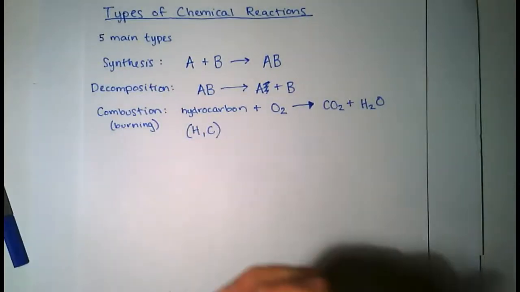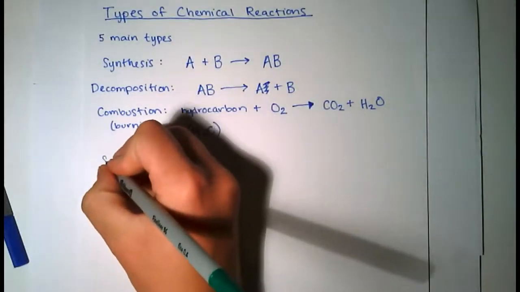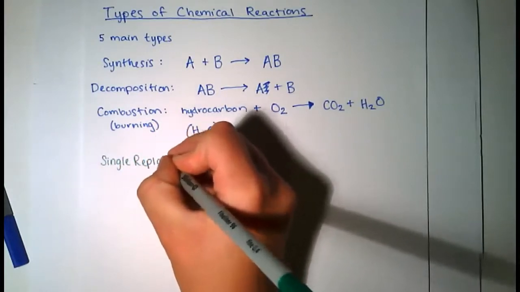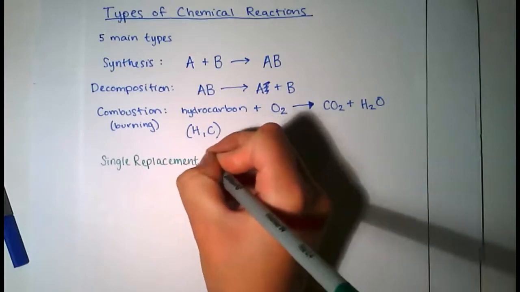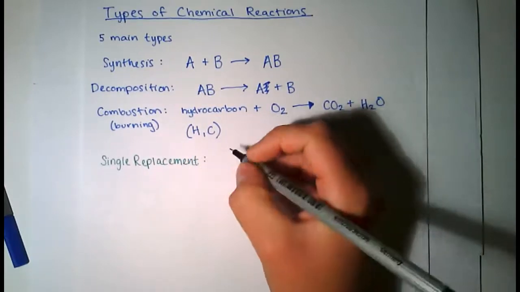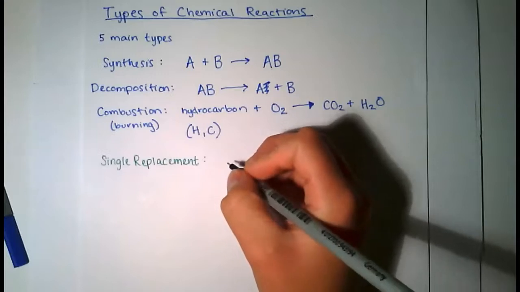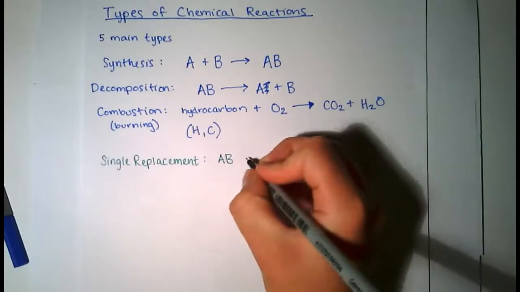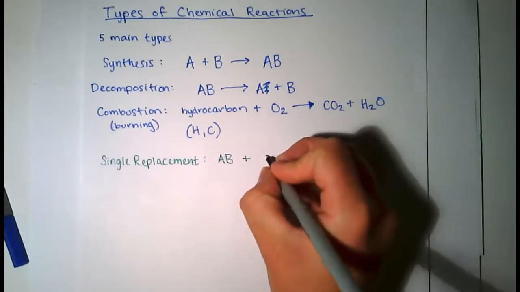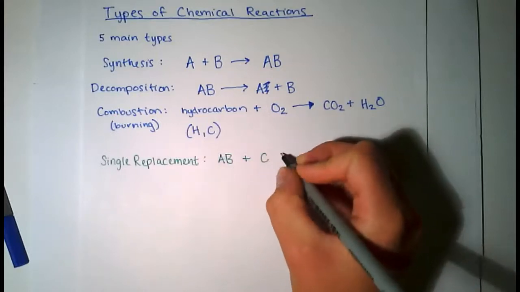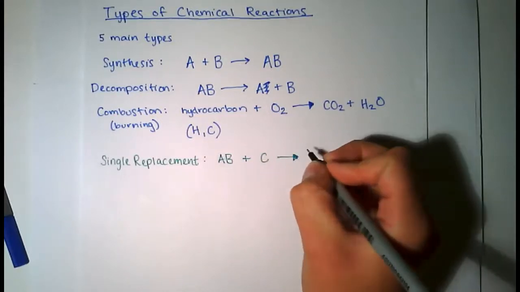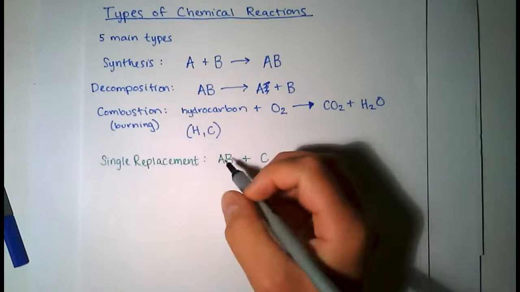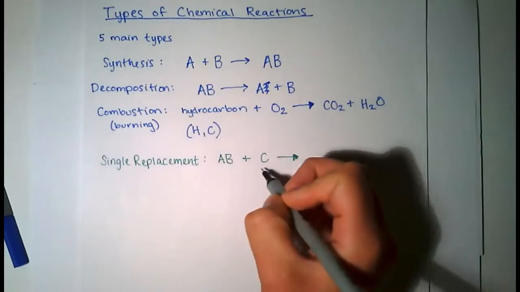The 4th type of reaction is a single replacement reaction. In a single replacement reaction, we have a lone element and we have a compound. I'm going to represent the compound as AB, and our lone element as C. So we have AB plus C. What happens in a single replacement reaction is that the lone element replaces something in the compound that is less reactive than itself.